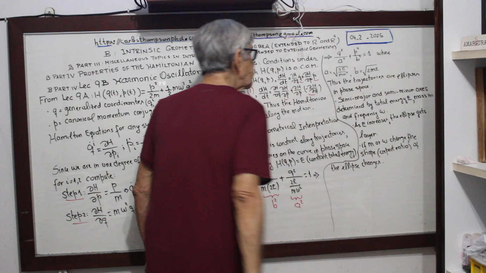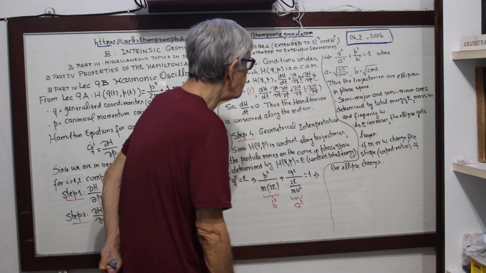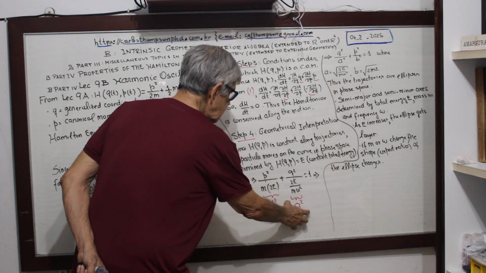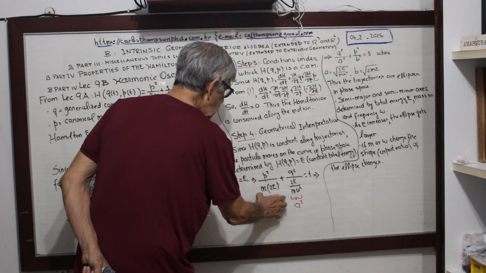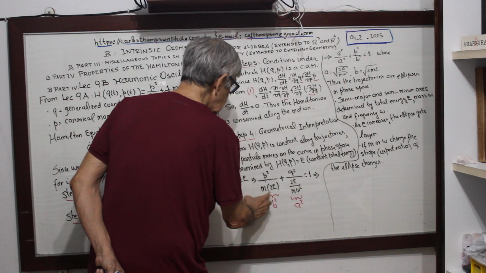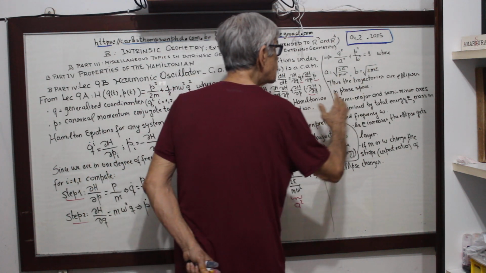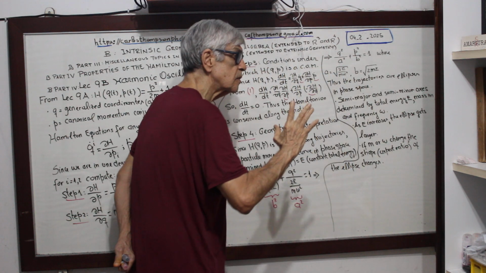So this is the equation of an ellipse. A, you just take the square root of A squared and write it there. And B squared is this, so B is the square root of 2mE. See, easy. Thus, the trajectories are ellipses in the phase space.